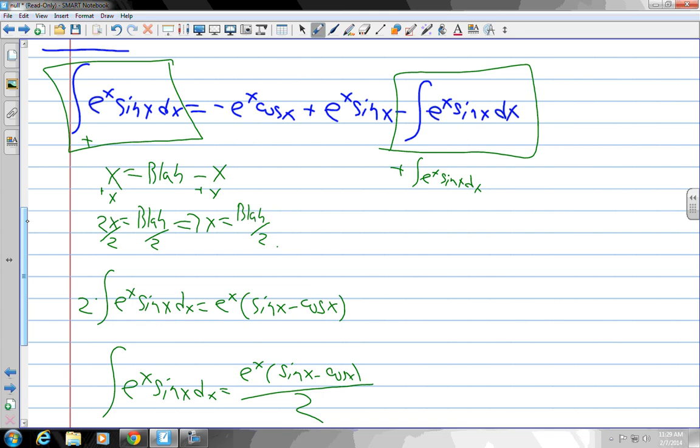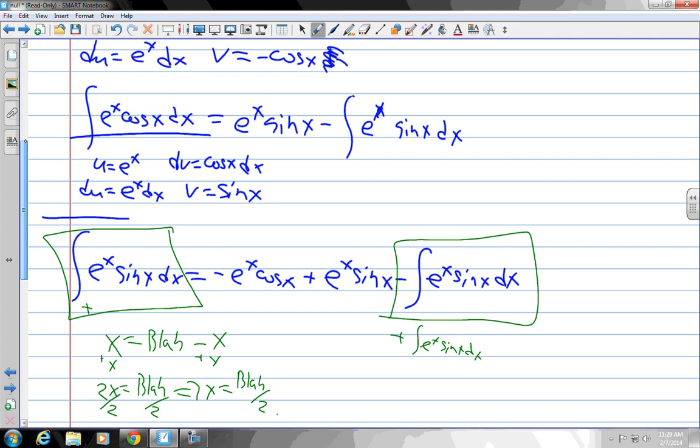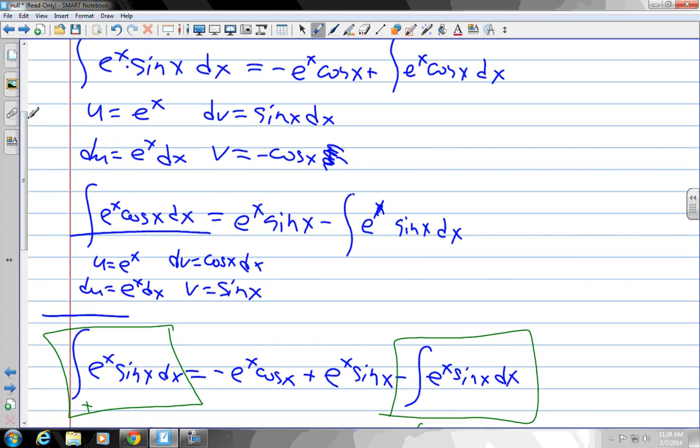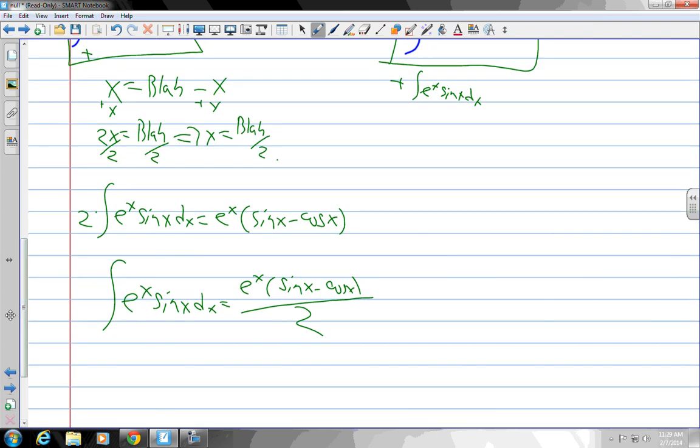Because again, this is the same integral. It appears on both sides, so we can start using algebra from there on. So usually that's what happens with those trig times exponential functions. And it didn't matter that we used u as e to the x. If we started with u as sine x and dv as e to the x, we would still get to that point.